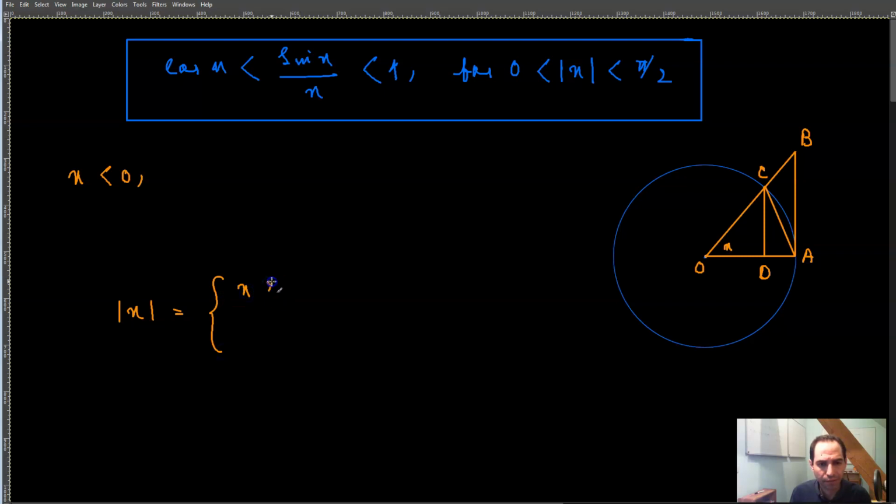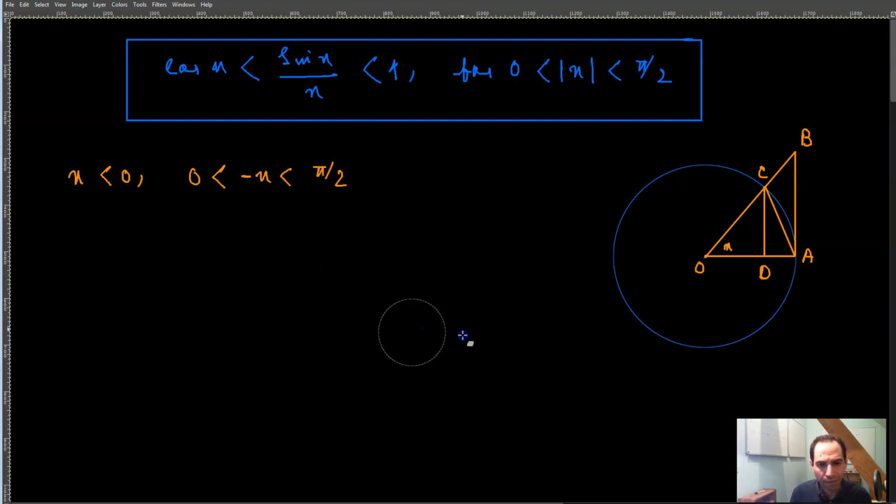You know that the absolute value of x is equal to x if x is greater than or equal to 0, and it's equal to negative x if x is less than 0. That means that if x is less than 0, the absolute value of x would be negative x, so the interval becomes 0 less than negative x less than pi by 2.